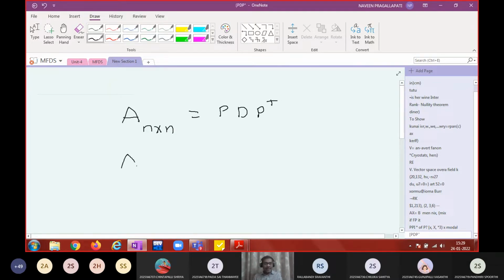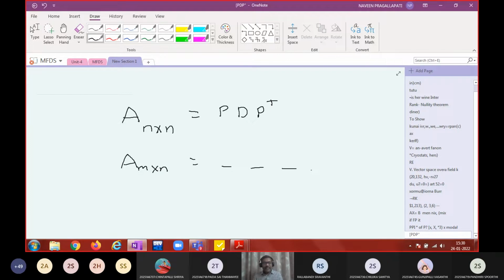But if A is an m by n matrix, if it is not a square matrix at all, then there is no question of finding eigenvalues and eigenvectors for A. But we want to decompose this matrix into a product of some matrices. So how do we do that? How do we decompose a general matrix of order m by n? That is given by singular value decomposition.